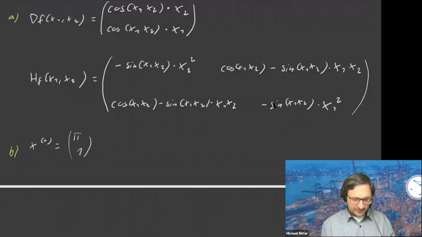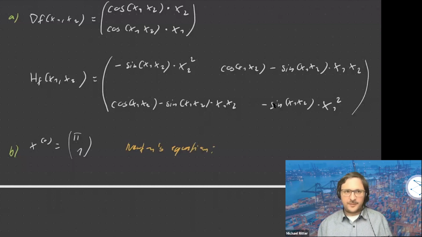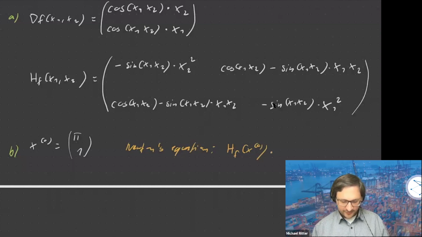Just as a little reminder, Newton's equation gives us a direction that we want to step into. So what we do to compute that direction is we take the Hessian at the current point, in this case x0, and we compute a vector v such that Hf times v is the negative gradient.